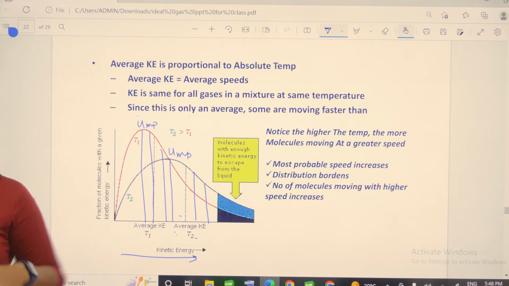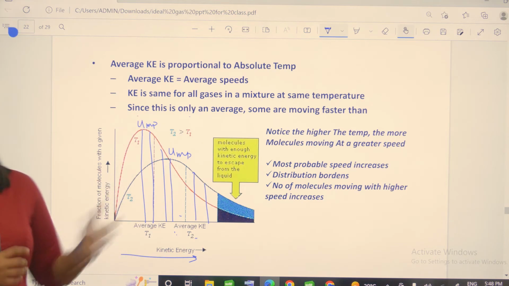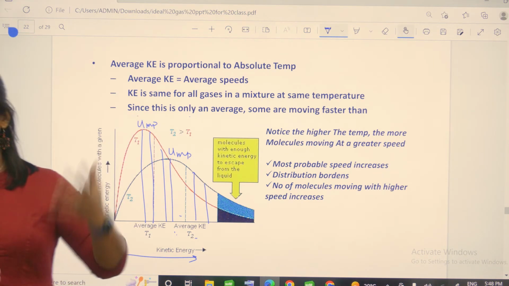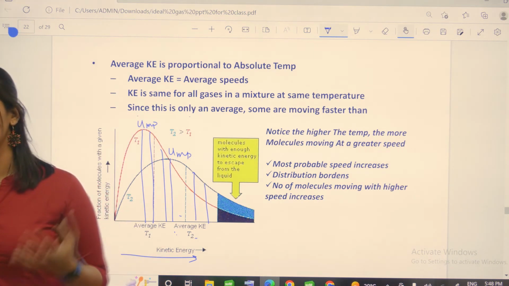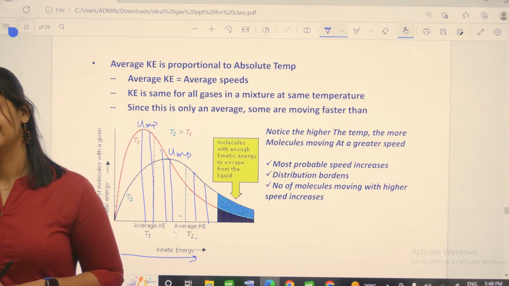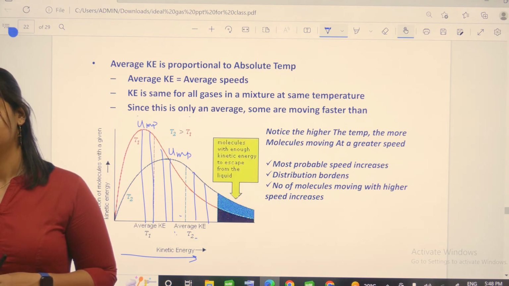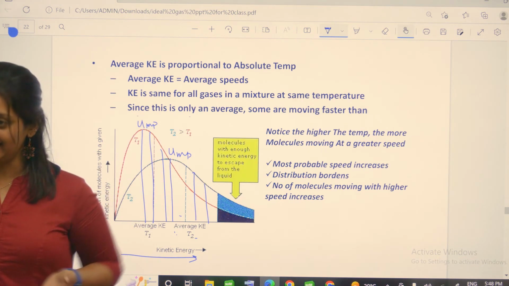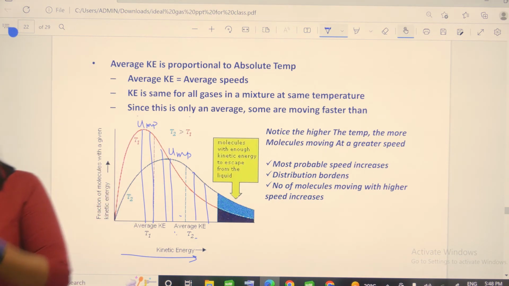By 10 degree, I'm just saying arbitrary. What would happen to the average speed? Increases. So you will get questions like this in the kinetic theory of molecules.